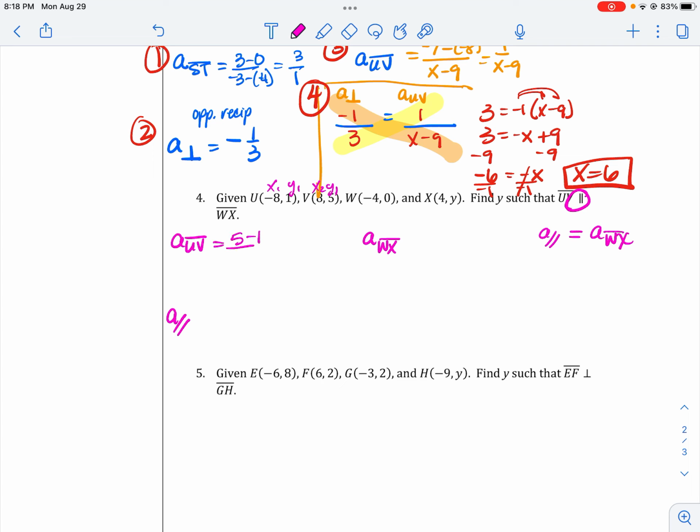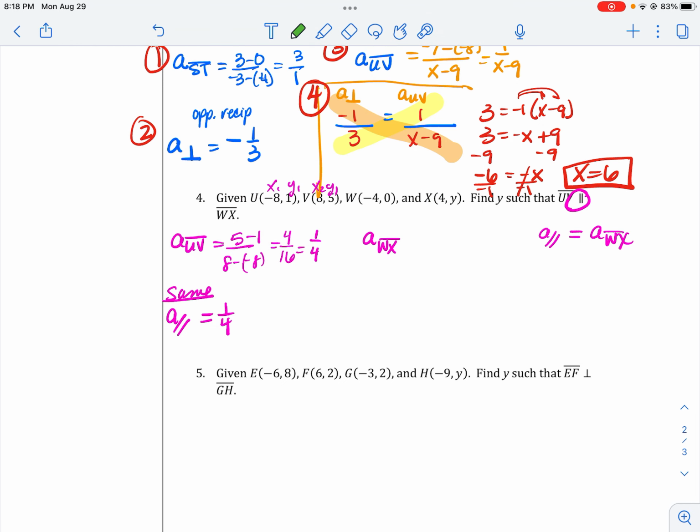That's 5 minus 1 over 8 minus a negative 8. That's 4 over 16, which is 1 over 4. So parallel slope is the same. So I'm looking for 1 over 4.